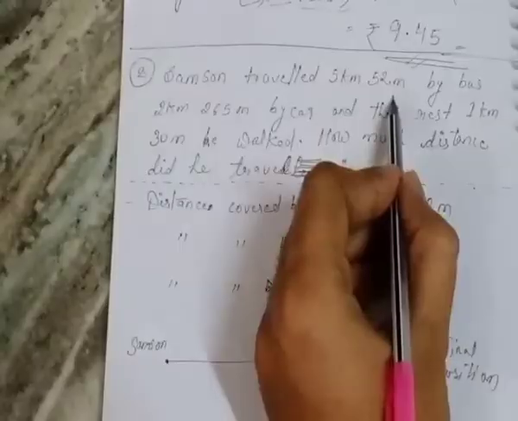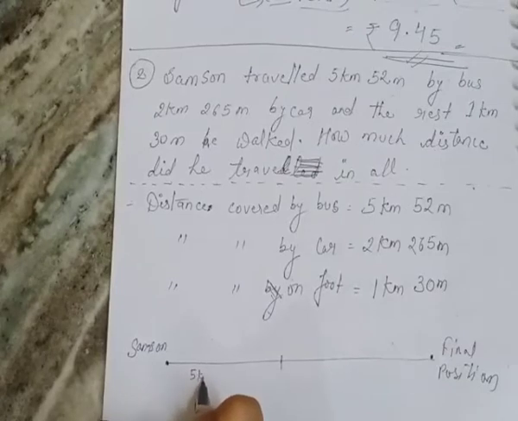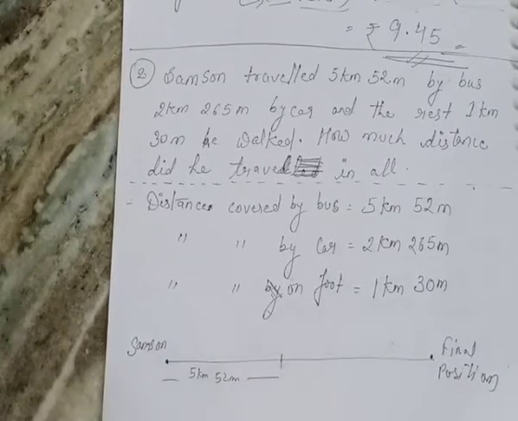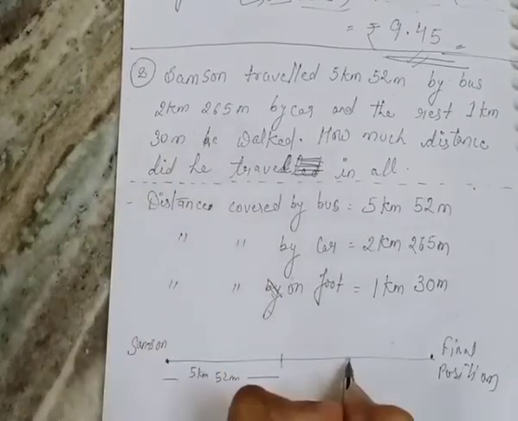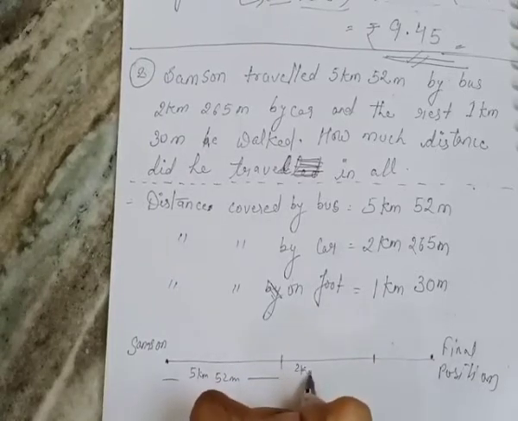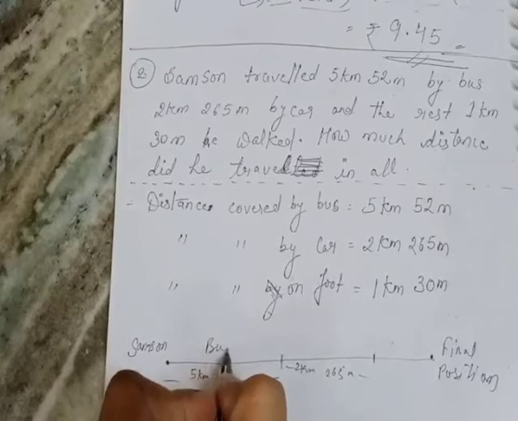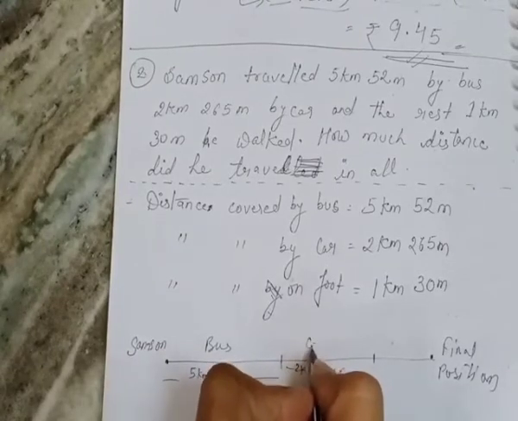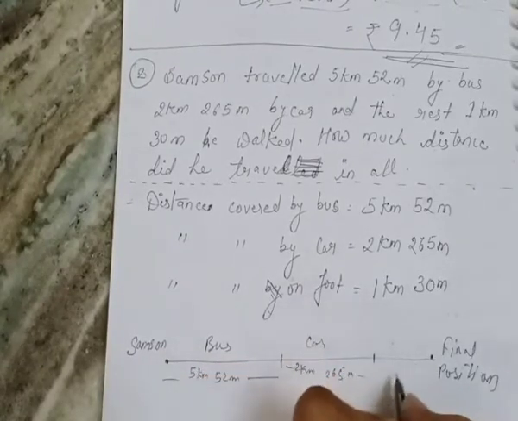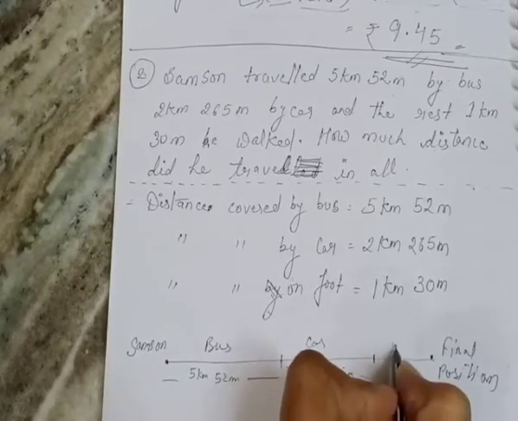Now 5 kilometers 52 meters by bus, suppose this distance. Now 2 kilometers 265 meters by car, this is the distance he covered by car, and the remaining one, 1 kilometer and 30 meters, on foot.